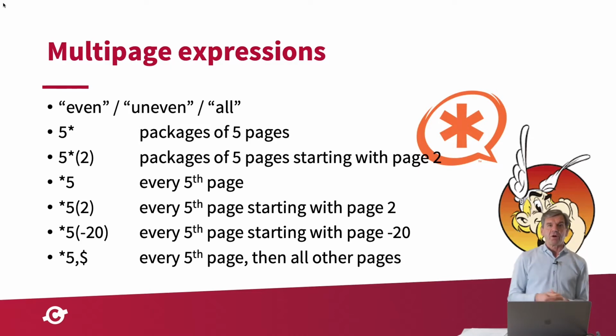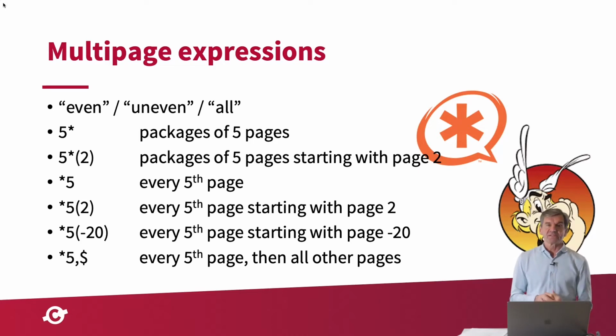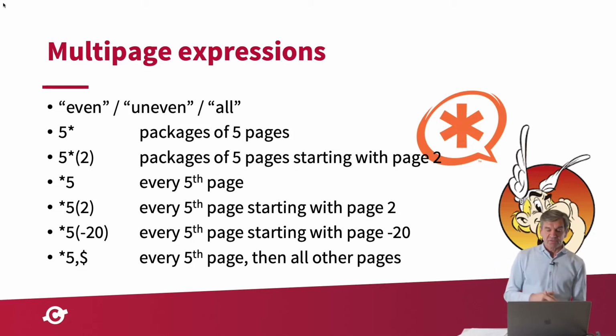If you follow that expression with a number in parentheses, then that says packages of 5 pages starting with page 2. And the asterisk in front of the page number means something different. That means every 5th page. So if it's behind, you address more pages; if it's in front, you pick every 5th page.